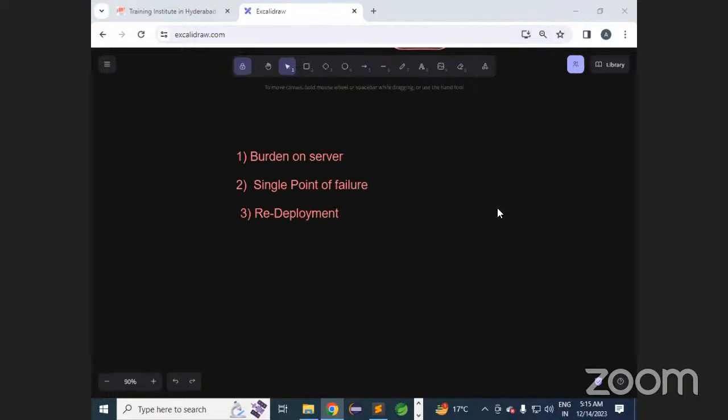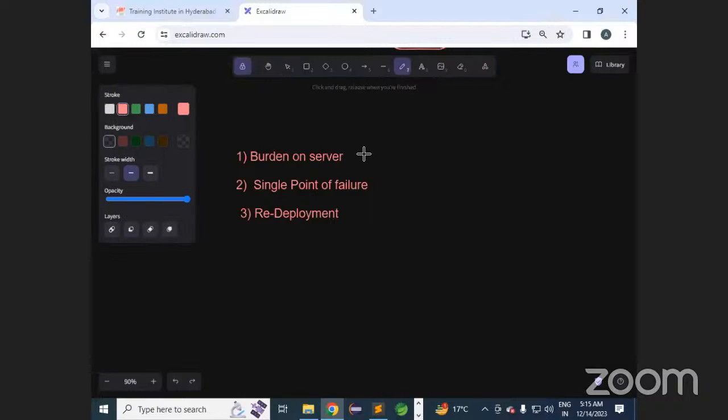Can you tell me what the challenges with the monolith architecture are? The first one is burden on the server. All the user requests will go to one server and it cannot handle the load. How to reduce the load? By using a load balancer. The second problem is single point of failure.